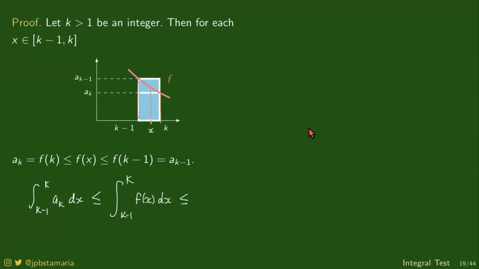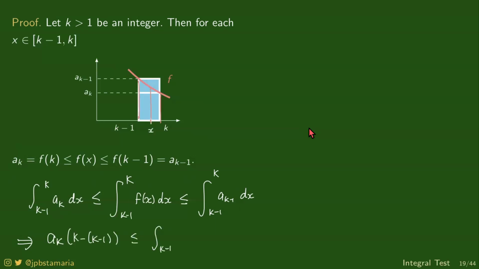At hindi yan lalagpas sa integral ng a sub k minus 1 dx. Now, take note that a sub k and a sub k minus 1 are only constants. Pag constant, paano tayo nag-i-integrate? Lalabas lang yan tapos dx, di ba? So, lalabas a sub k tas k minus 1.